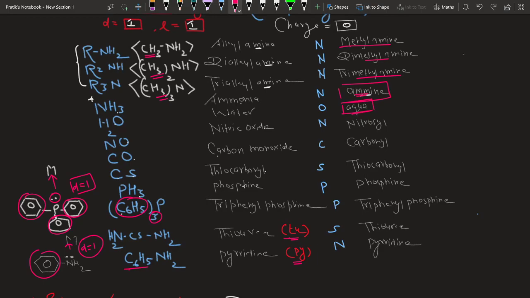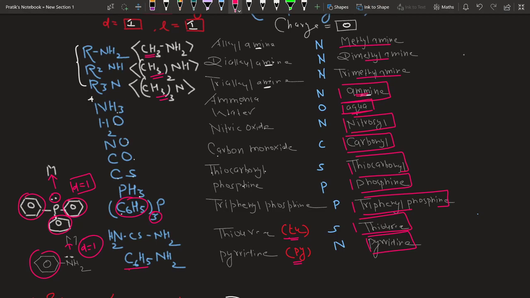NO is referred to as nitrosyl. CO is referred to as carbonyl. CS, thiocarbonyl. Then phosphine, triphenyl phosphine, thiourea, and py is referred to as pyridine.